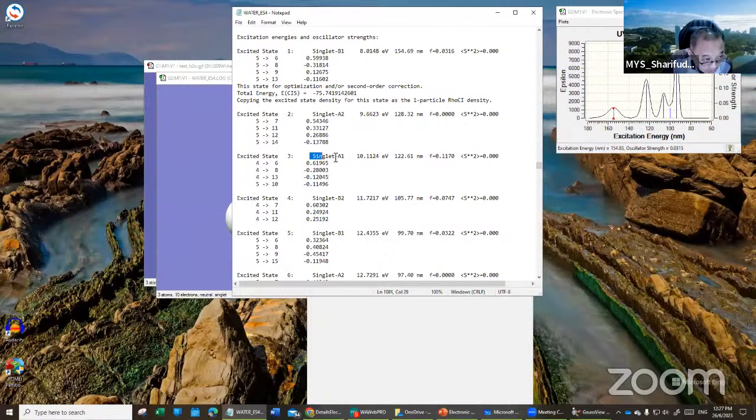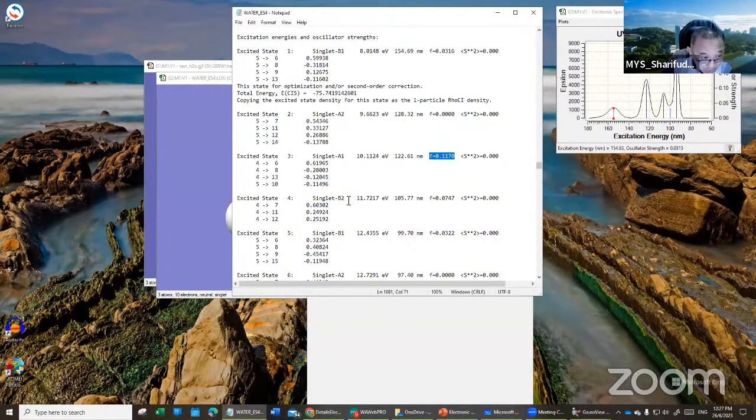So the next excited state is also of A1 symmetry. So it's an A1 to A1 transition. This is very allowed, and the oscillator strength is quite strong. So this one is the A1 to A1 at about 122.61 nanometers, which is this one. Yeah, this is a very strong transition.